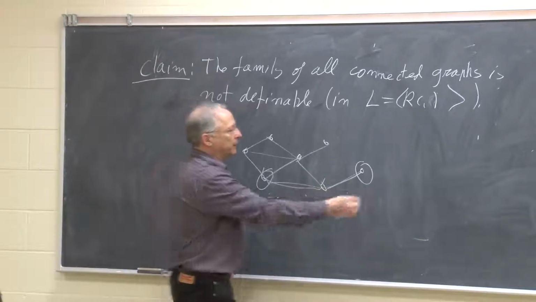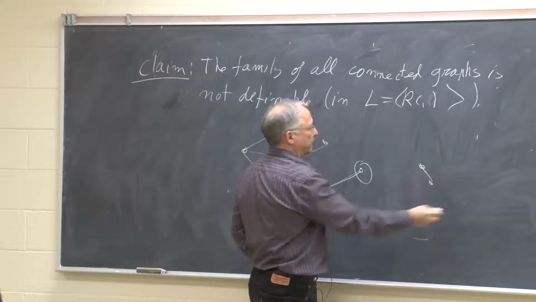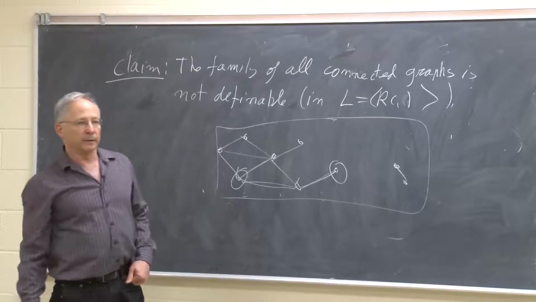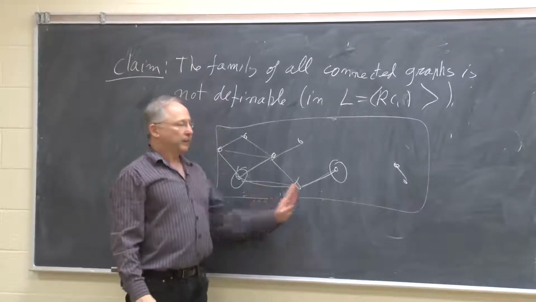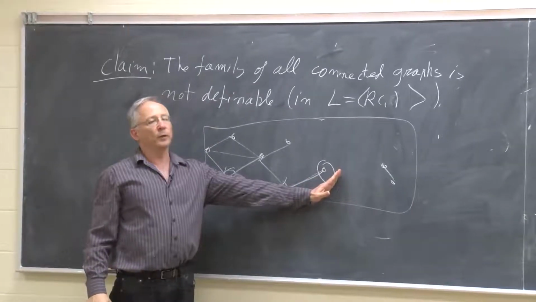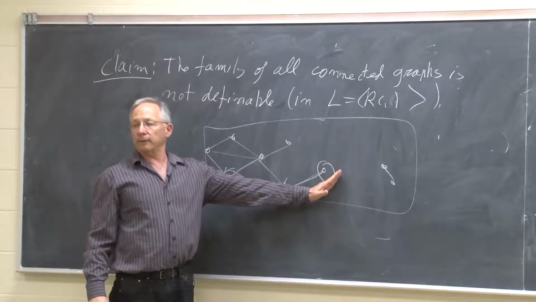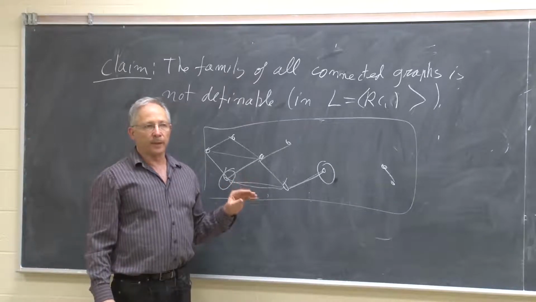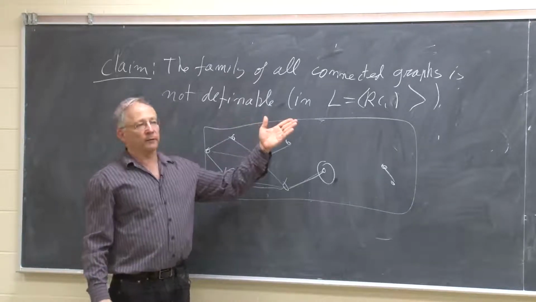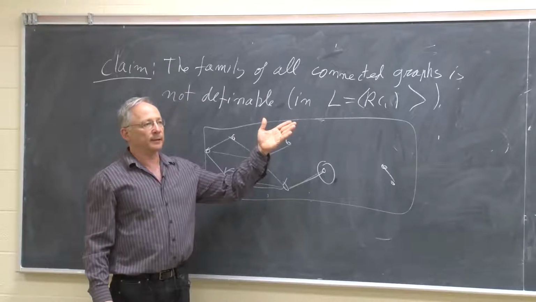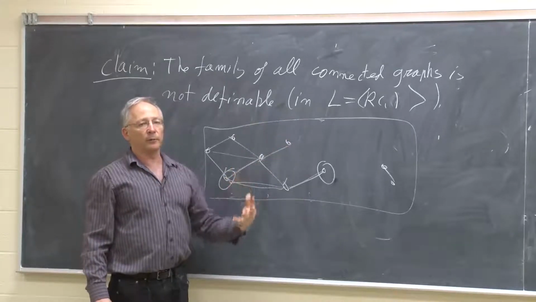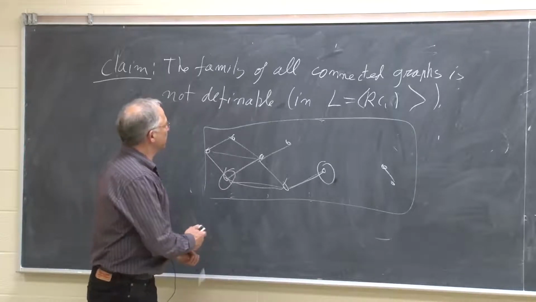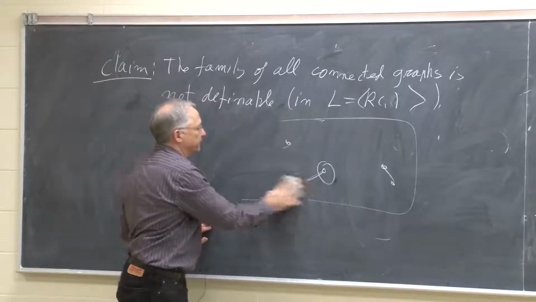So this is a connected graph. If I add here something, then suddenly this graph is not connected. So a graph is connected if every two vertices in the graph have a path between them. And I'm claiming we cannot write a set of formulas that will be satisfied only by connected graphs and not by non-connected graphs. And the proof will use a similar idea.